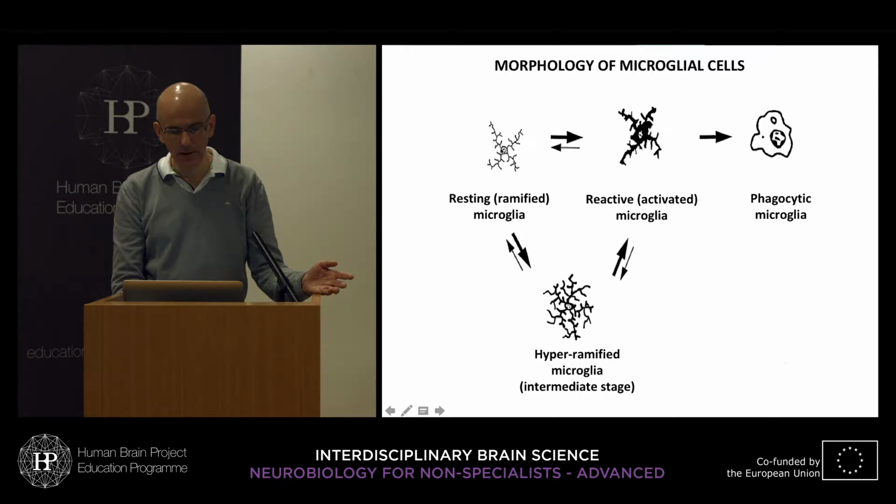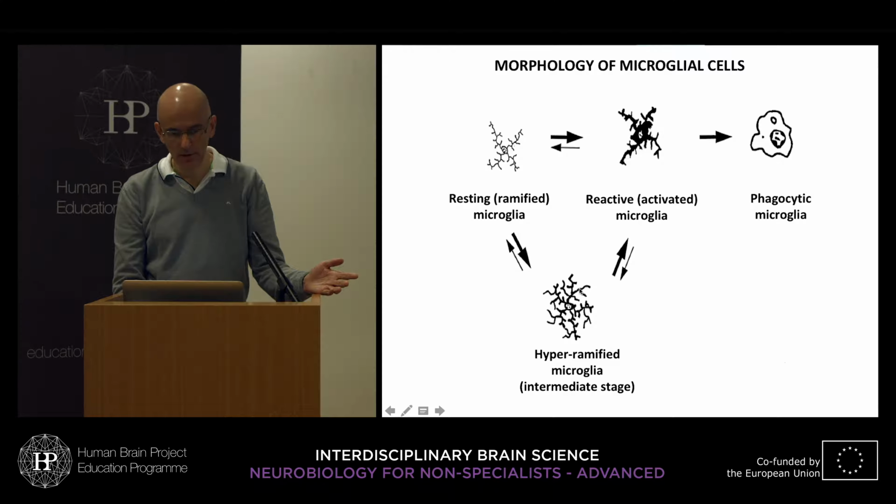Here you have the typical shape of resting or ramified microglial cells. Upon activation, for example by an infection, they are then differentiating into reactive or activated microglial cells with these thickened processes, which then can further differentiate into phagocytic microglial cells, which are at that stage completely indistinguishable from macrophages.